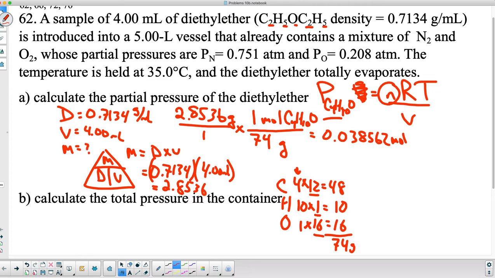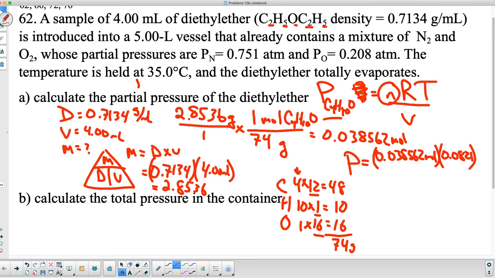So once I have the number of moles, now I can continue on and do my pressure equals, and then I have 0.0385620 moles times R, which is going to be 821, then times my temperature.